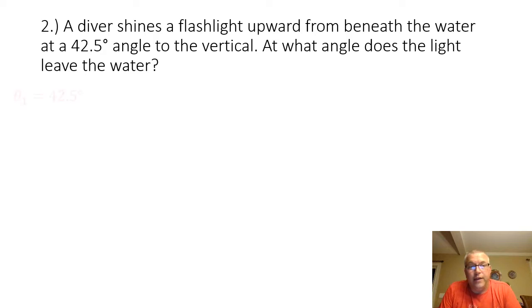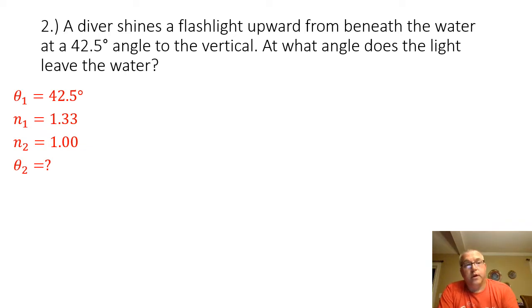My angle of incidence, theta 1, is equal to 42.5 degrees. My index of refraction for the water, n1, is 1.33. My index of refraction for air is 1.00. And I'm trying to solve for my angle of refraction, or theta 2.